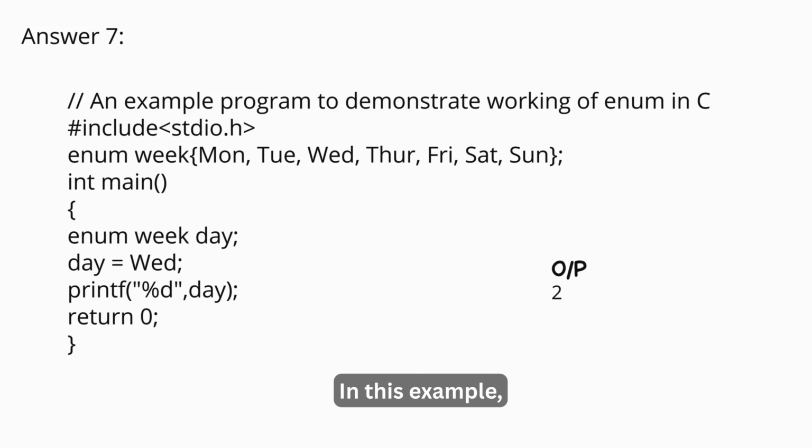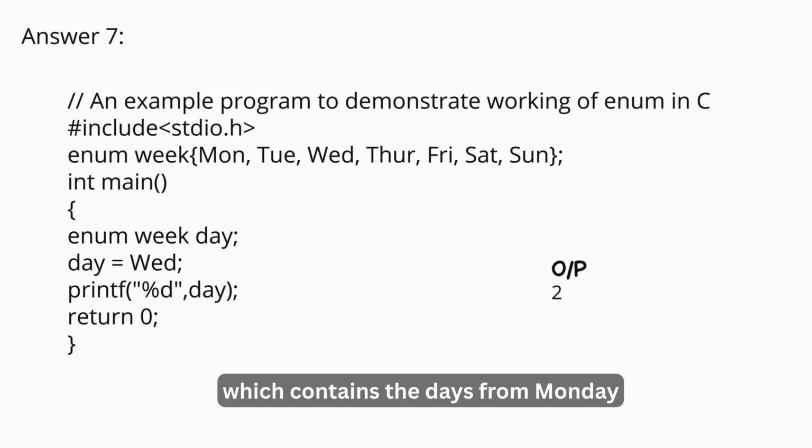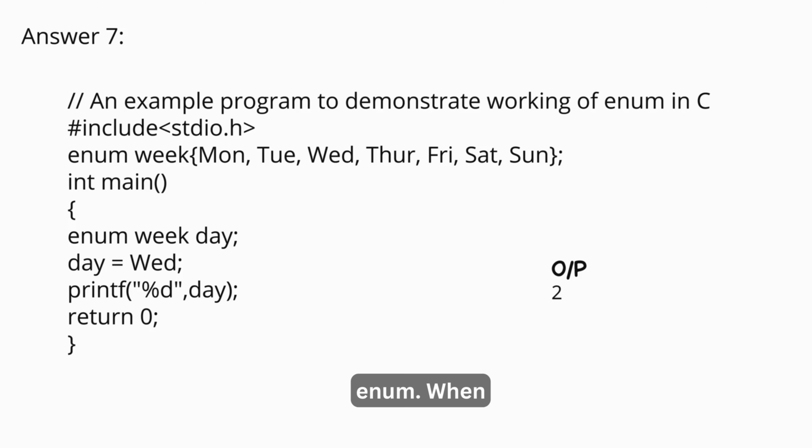In this example, we define an enum called V, which contains the days from Monday to Sunday. Then inside the main function, we declare a variable called day of type enum V. When we assign Wednesday to the variable day, internally the value 2 is stored because counting starts from 0.